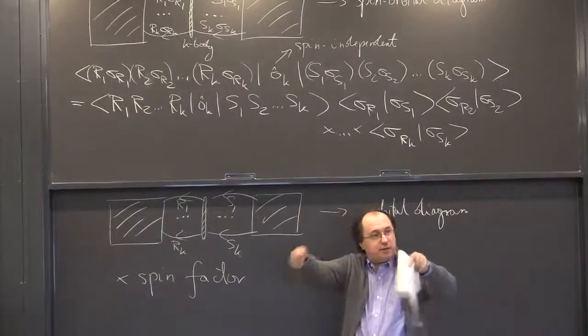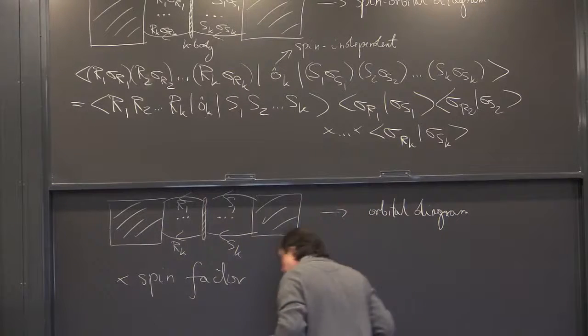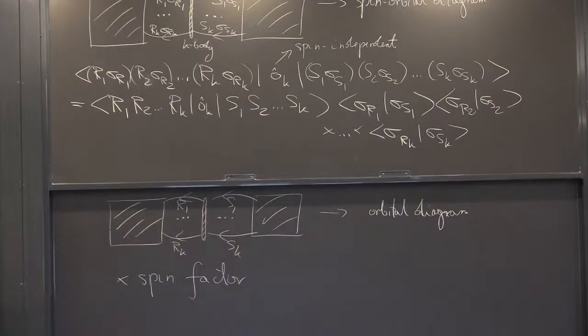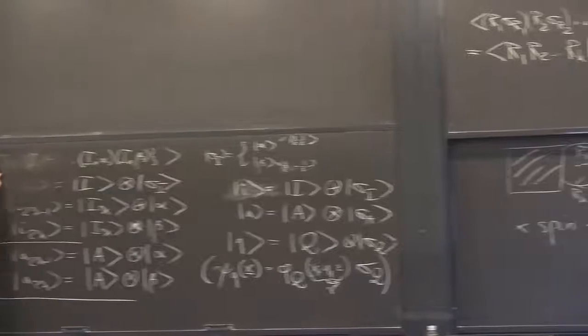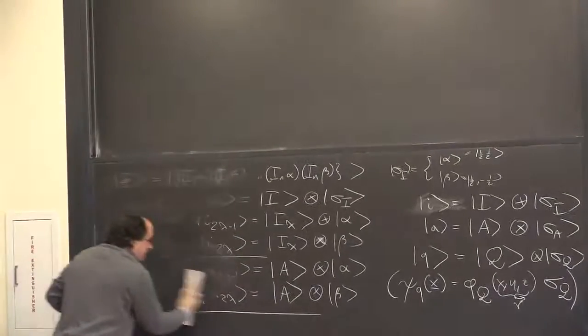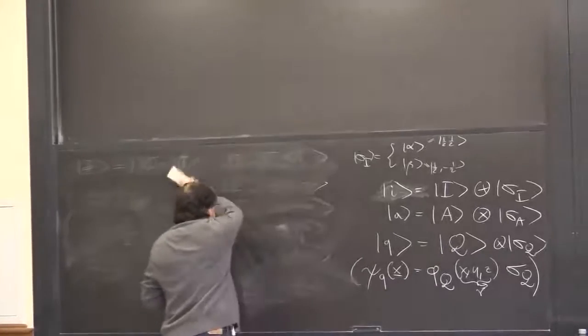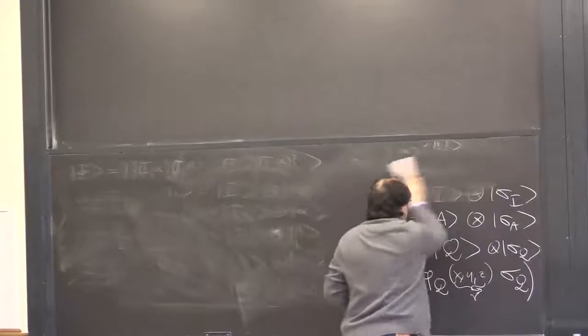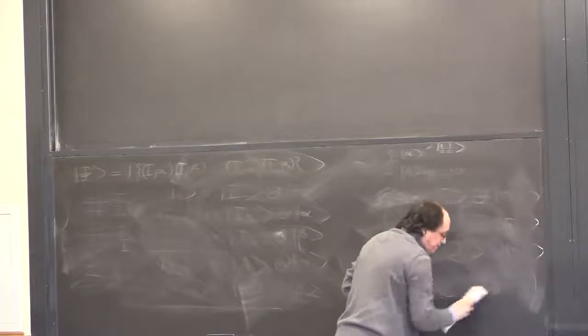So let's look into this more closely. Let me go back here and try to do this. Well, as you know, when you look at Goldstone diagrams, and actually maybe I should emphasize, why did I need Goldstone diagrams to do this?